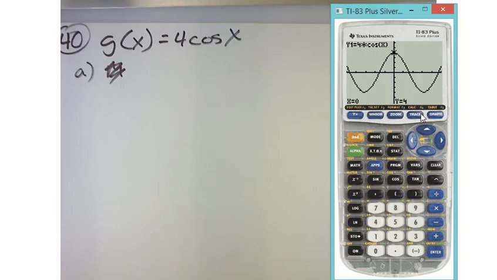So for 40, it's increasing from here to the next peak, right? So what are those values? Well, it looks like from pi to about 2 pi.